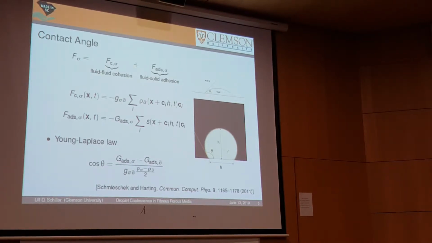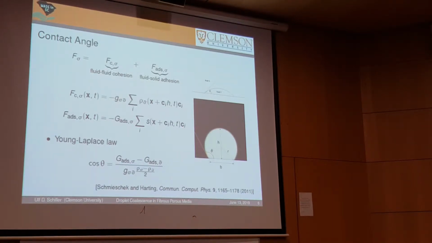We can control this angle by choosing the right interaction parameters. Depending on how the two fluids here, the black and the white fluid, interact with the surfaces and with one another, this gives us a typical Young-Laplace law for the contact angle, and this has been verified and validated by Sebastian Schmieschek and Jens Harting a while ago.